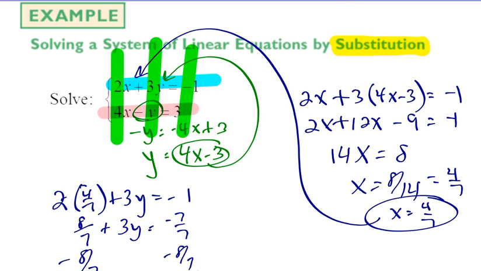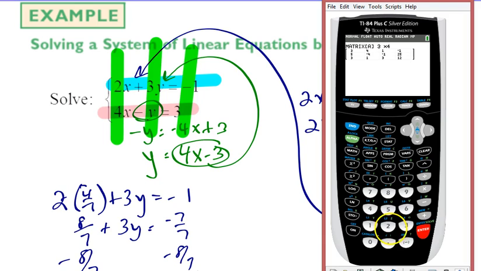So I'll call this a 2 by 3 matrix, and I'll edit the matrix using the coefficients and the answers. So 4, -1 for that bottom row, and 3. I'll hit second matrix again, go to mathematics, and reduce row echelon.